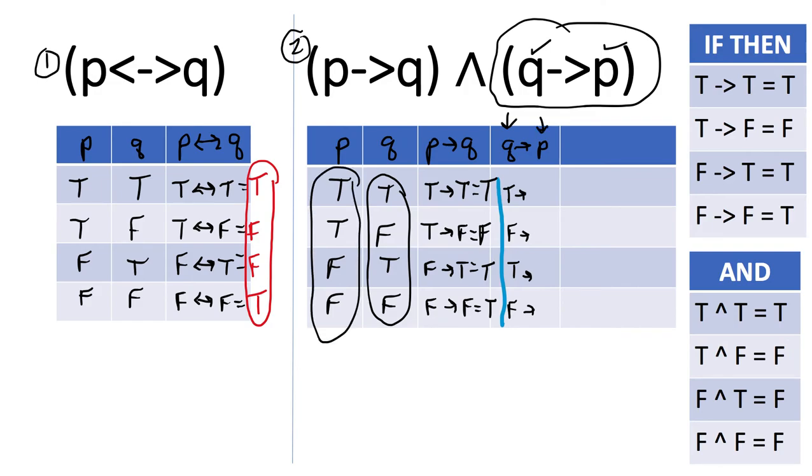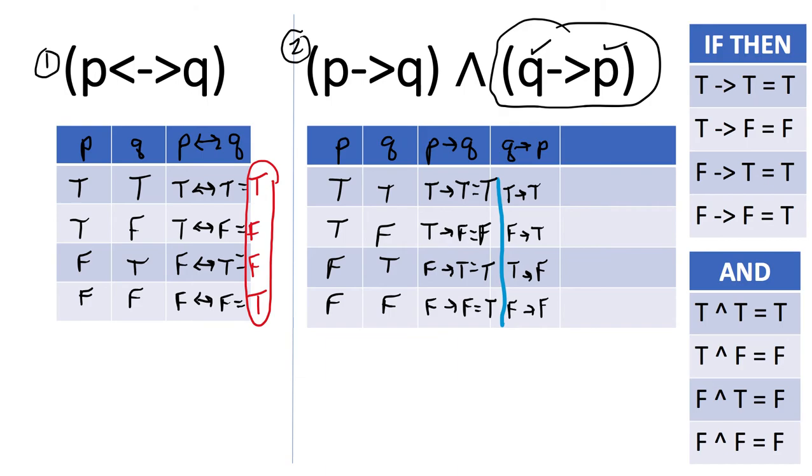So T, T, F, F. Now we're going to look at our chart and write the answers down. So T arrow T is true. F arrow T is true. T arrow F is false. F arrow F is true. So that completes the right-hand side of the compound statement.